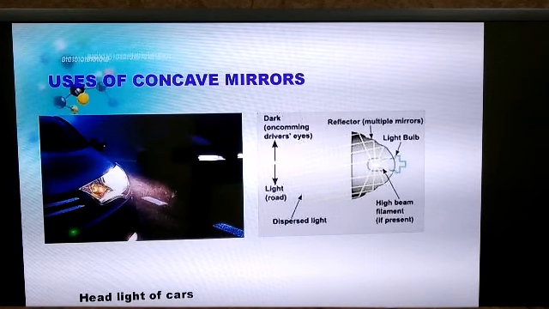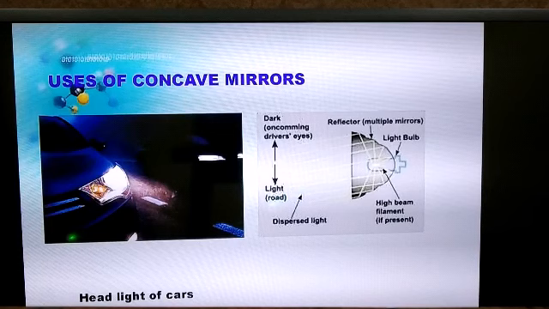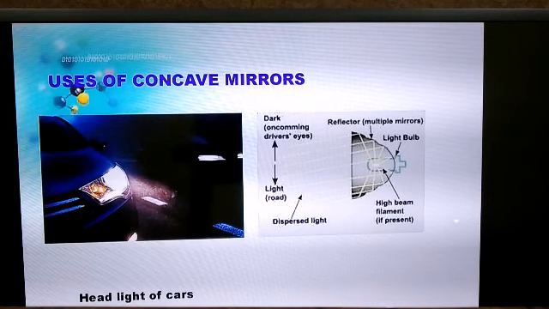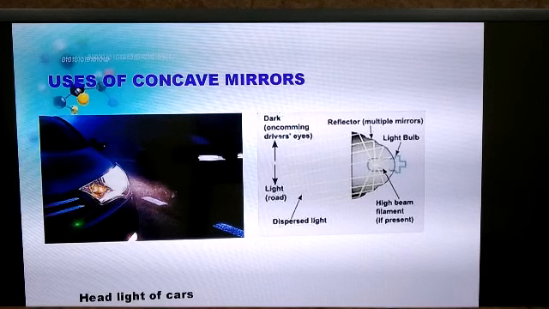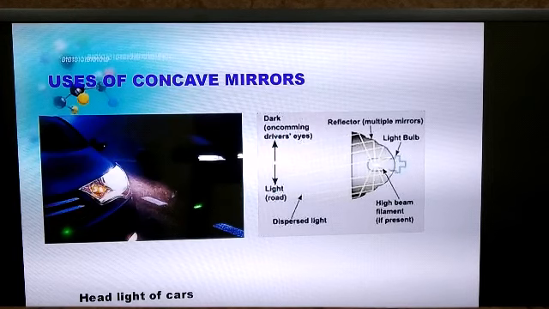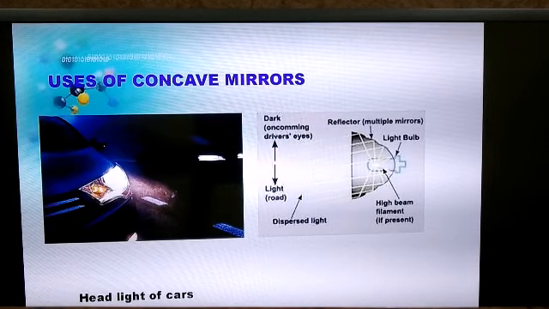The rays of light will get reflected, and what will happen? The rays of light will travel in a parallel direction, thereby covering a larger area or thereby covering huge distances. So the driver can very clearly see whatever things are there on the road even in the dark.